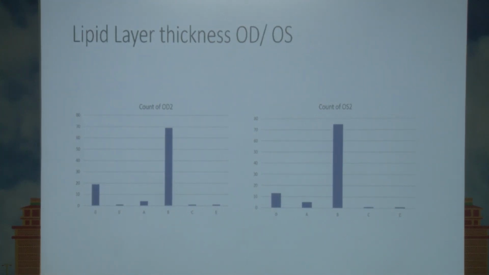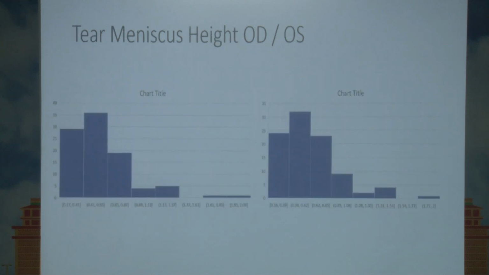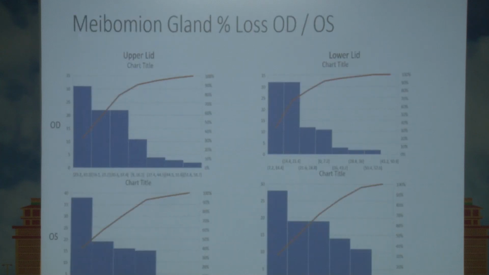So most of our patients were in A or B. As regards the tear meniscus, the height of the tear meniscus, right and left eye, most of the patients had a good height of the tear meniscus. As regards loss, again, most of our patients did not have much of meibomian gland loss in the upper lid or the lower lid.